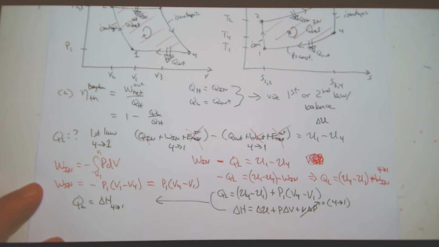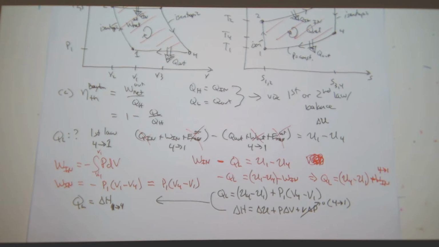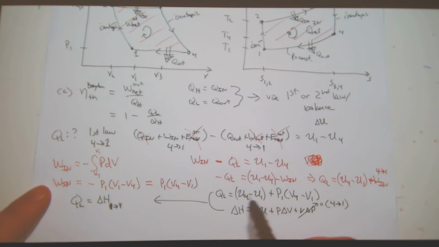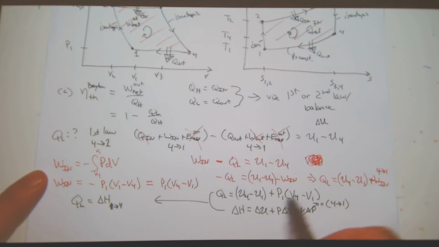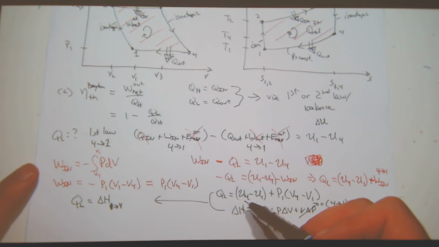from state 4 to, well, it's equivalent to state 1 to state 4. You saw the minus sign here, where I had to switch it around. So this is equivalent to going backwards, 4 to 1, because I did the sign.